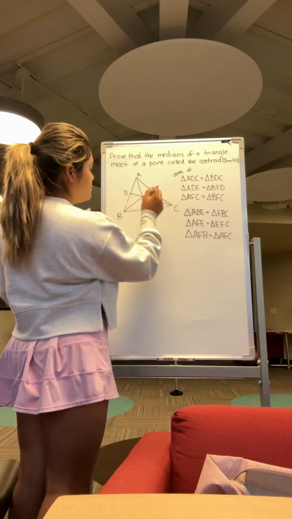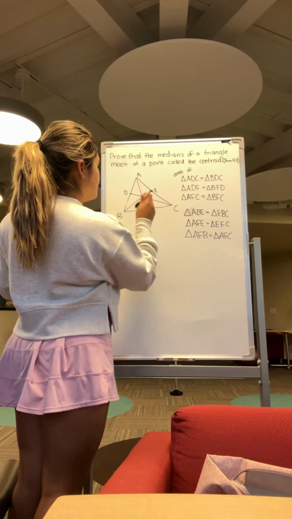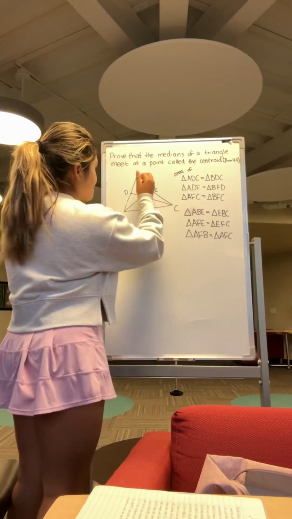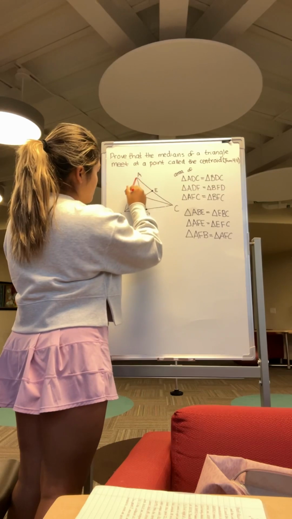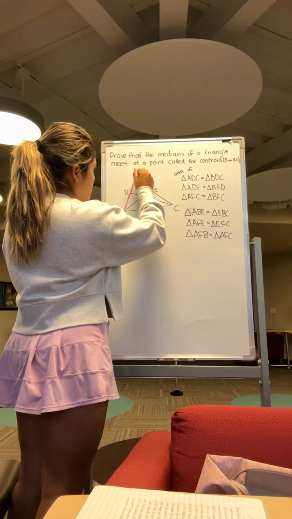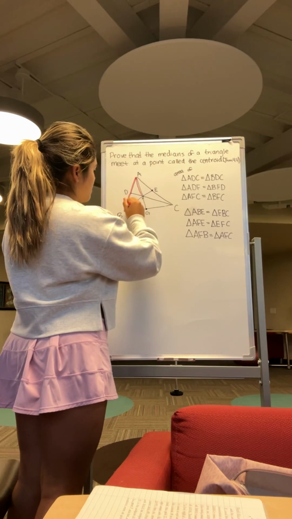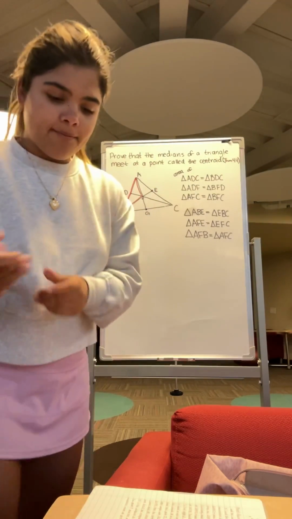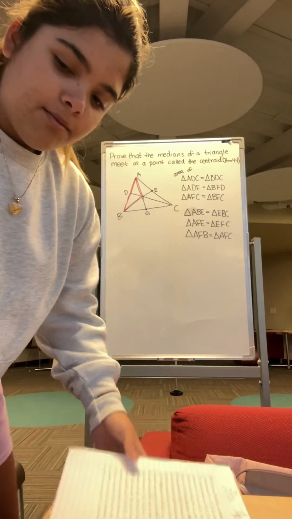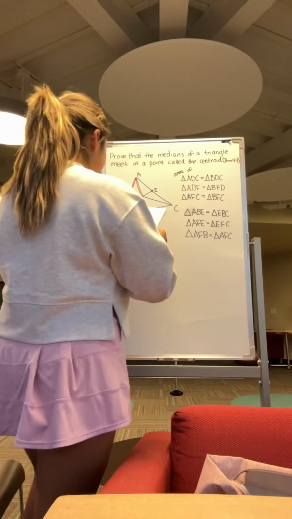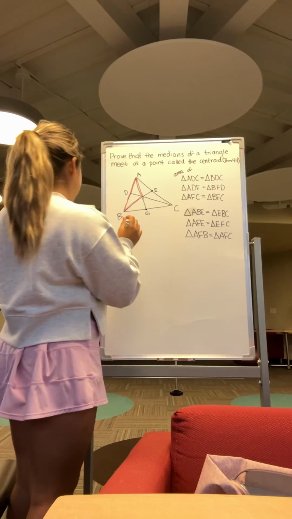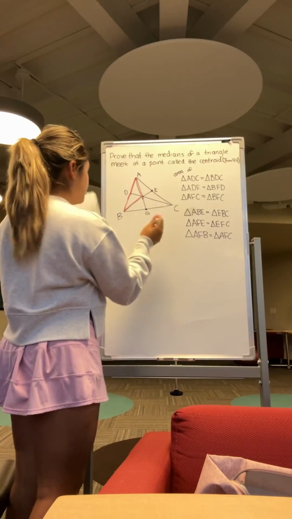So this triangle right here, let me use a different color. Right there. Okay. And to find the height of obtuse triangle AFB, we must extend AF.